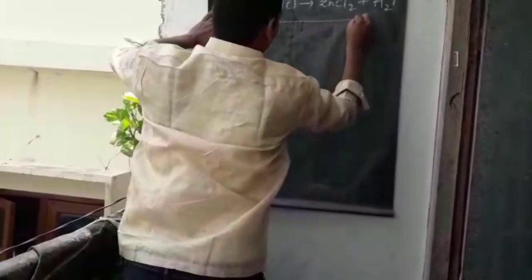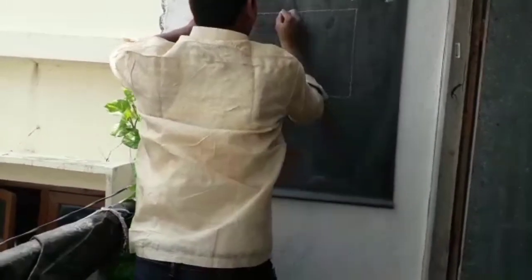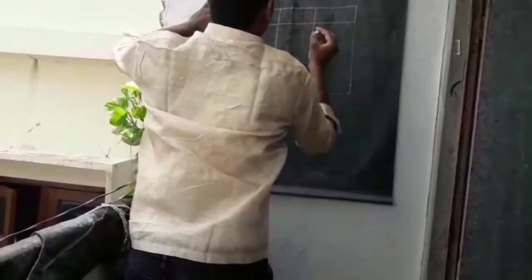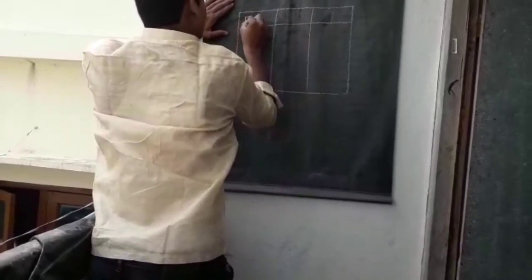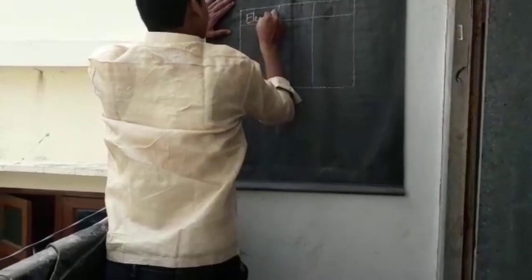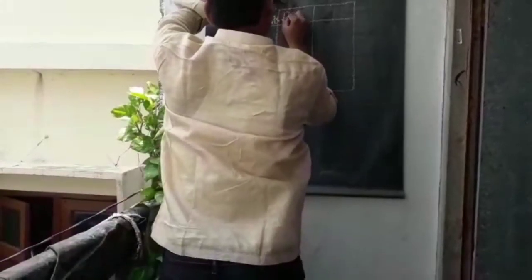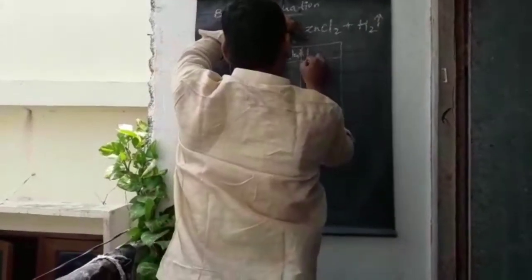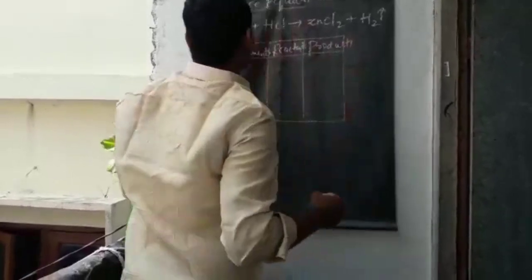This is very, very important. By this method we can balance any kind of equation. In the first column we write the elements, in the second column the reactants, and in the third column the products.